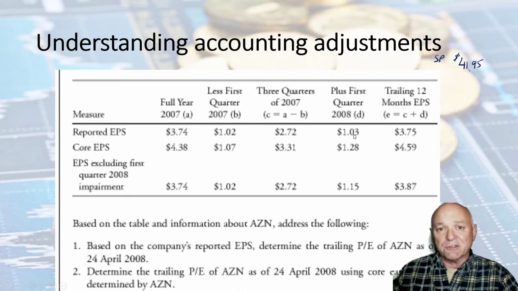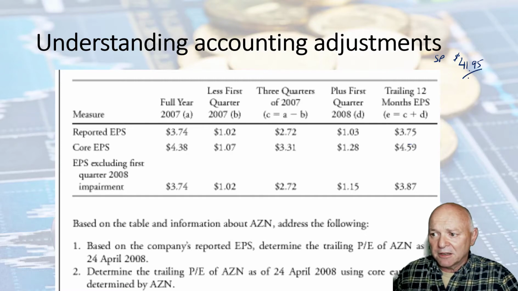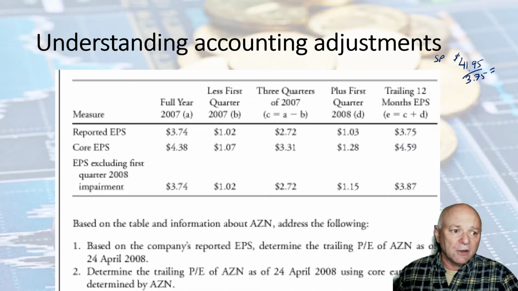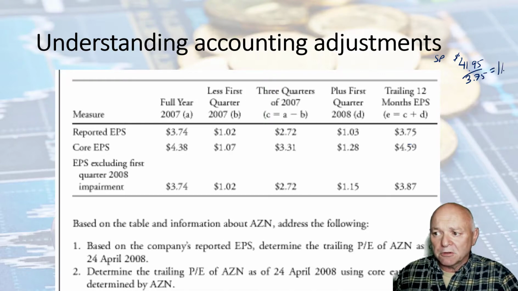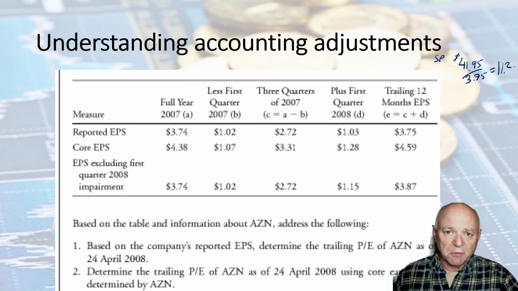Add 103 for the first quarter of 2008 gives us the last 4 quarters, and that was 375. On that basis, our price earnings multiple would be 41.95 divided by 375, which would give us 11.2. So that would be our price earnings multiple for the trailing 12 months.